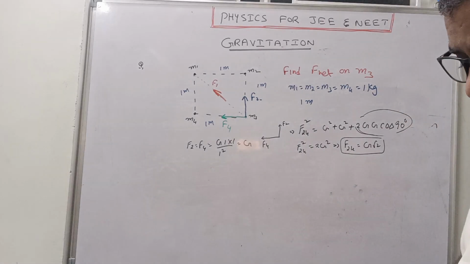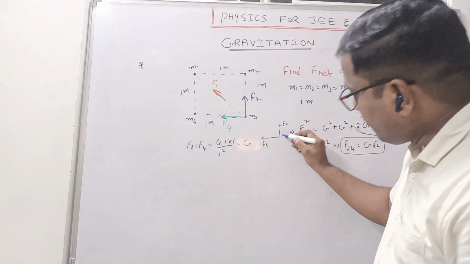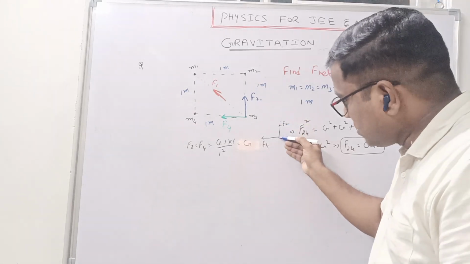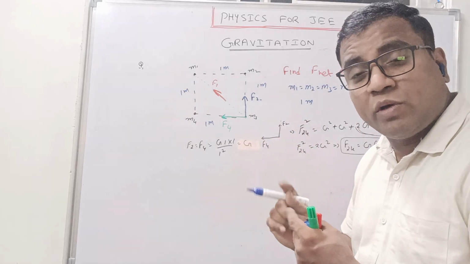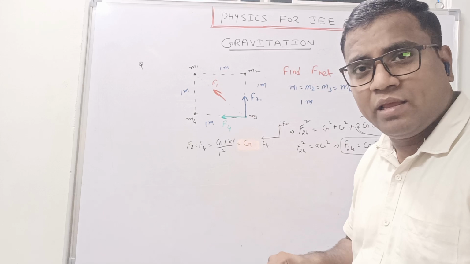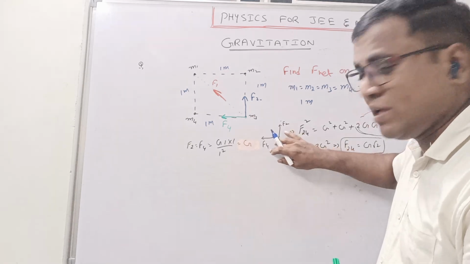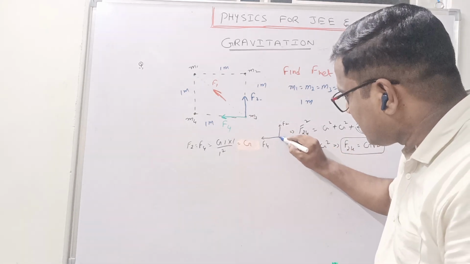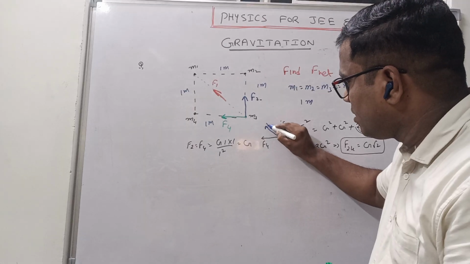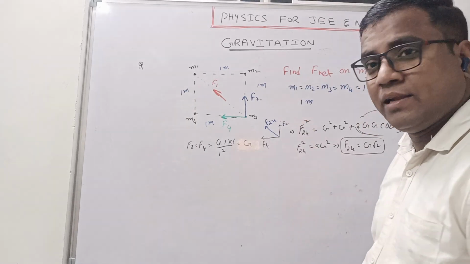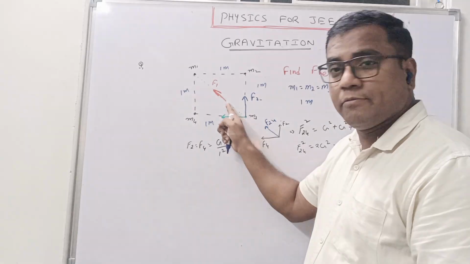Now you tell me, one force is acting upward, one force is acting in this direction. These two are the same forces. If these two are the same forces, the resultant is exactly the diagonal. Correct? That's why I left some space here.